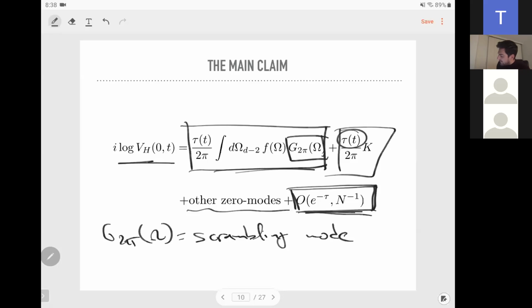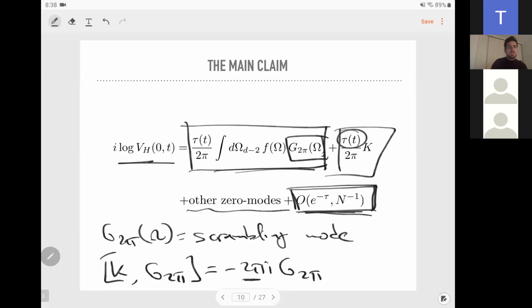It's defined to be an eigen operator of the modular Hamiltonian with an eigenvalue minus 2 pi i. The 2 pi comes from a conventional normalization of the modular Hamiltonian. The important thing to notice is that this is an eigen operator with an imaginary eigenvalue, and therefore when I evolve it with the modular Hamiltonian, it grows exponentially in time.